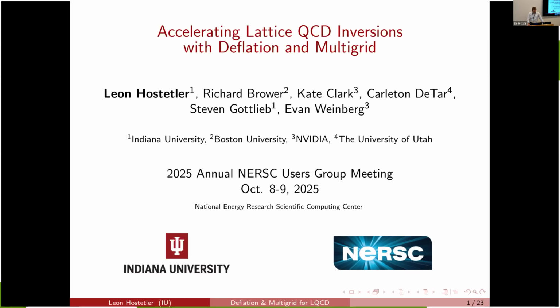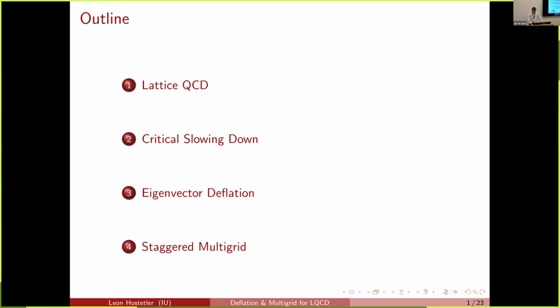They were really some of the early developers of the multigrid algorithm that I'm using here. They've now been at NVIDIA for quite some time, but they continue to be heavily involved with lattice QCD and have helped a lot with this project. I've benefited a lot from this collaboration with these NVIDIA people.